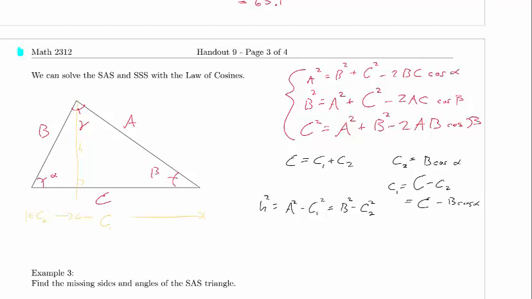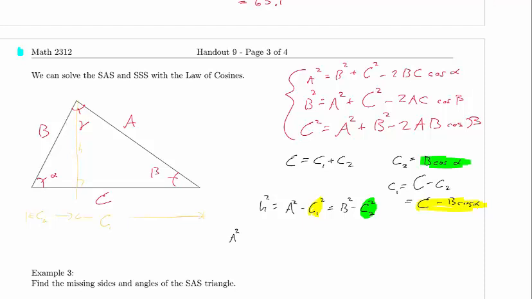Okay. So those are our two heights. We have them related to each other. Now all we're going to be doing is substituting values in. C1 we have given right here, and C2 we have given right there. So let's go ahead and substitute these through.